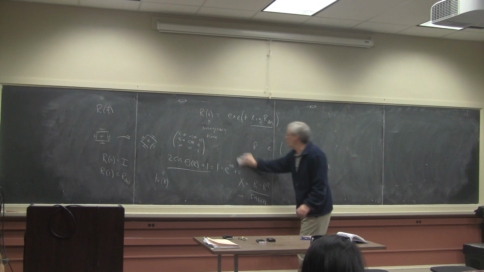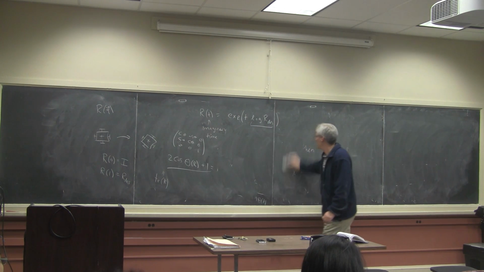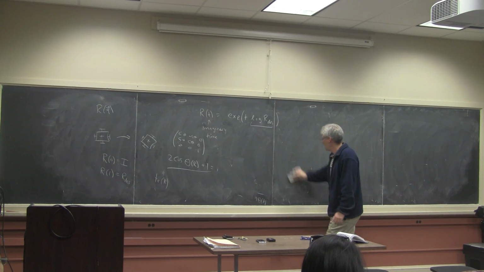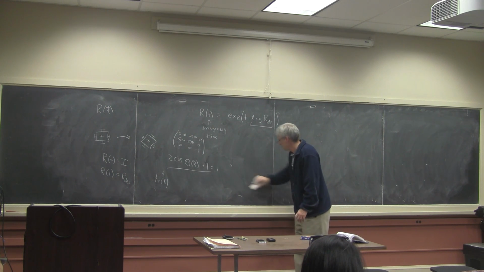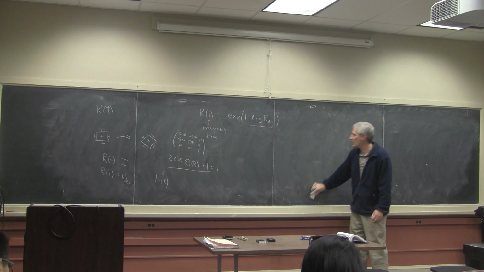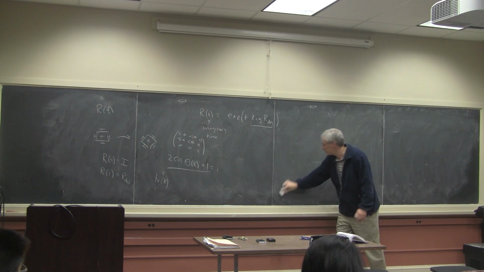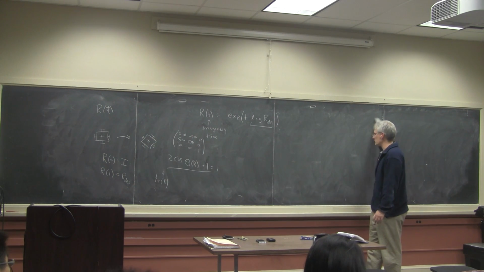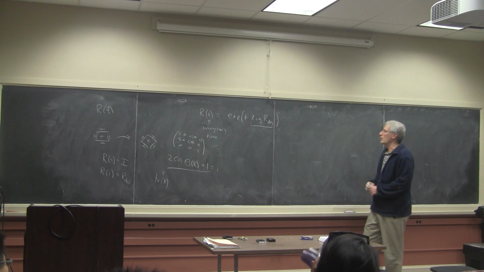Okay? So these two things are really the same. It's just that you have to know what it means to be a Jacobian matrix in the context of rotation matrices, which is what we were just talking about.